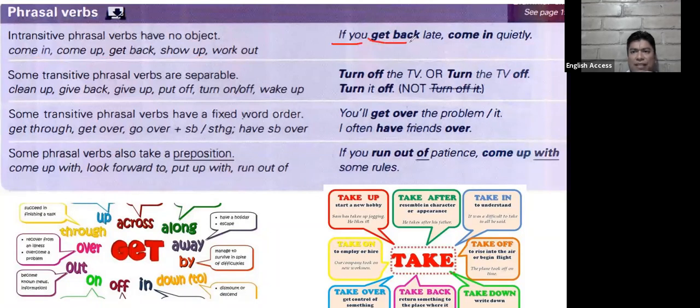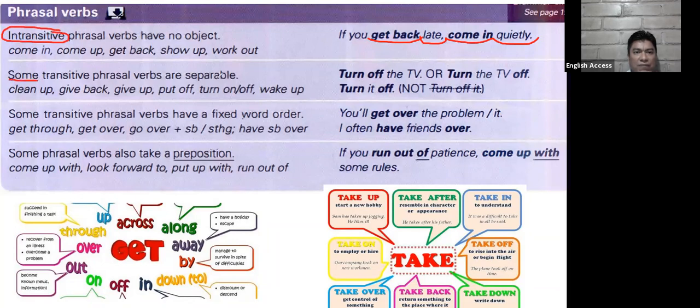Remember, if you get back late, come in quietly. So we have the phrasal verb get back and the phrasal verb come in. Do we have an object? No object. This is an adverb. No object, so we have intransitive.